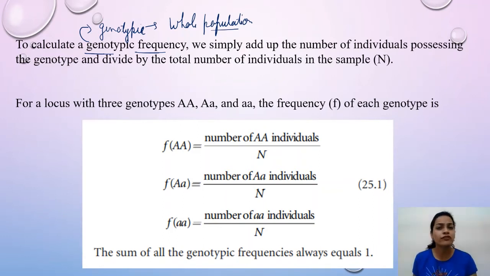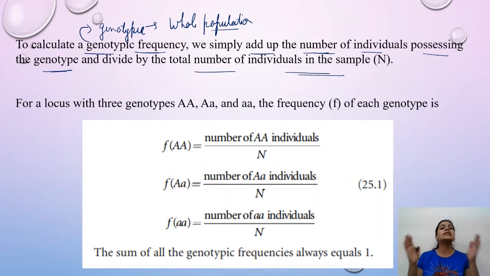What is the formula for that? I have to simply add up the number of individuals possessing a particular genotype and divide it by the total number of individuals in a sample.